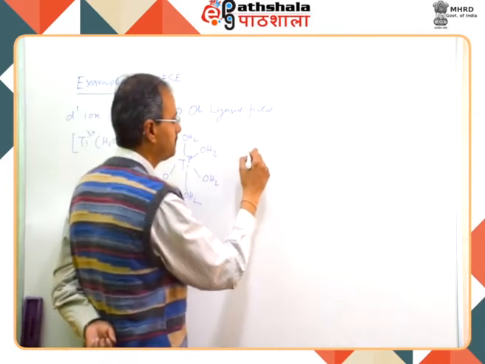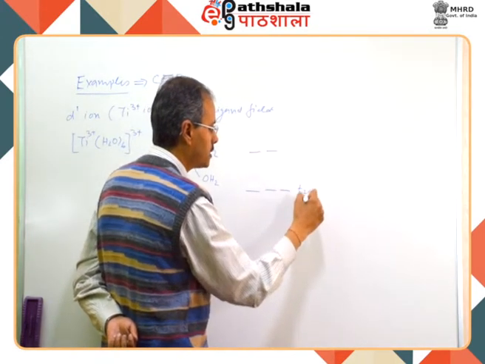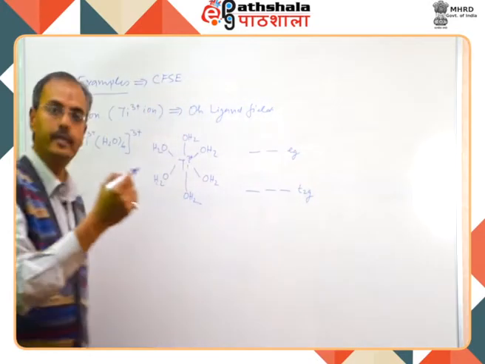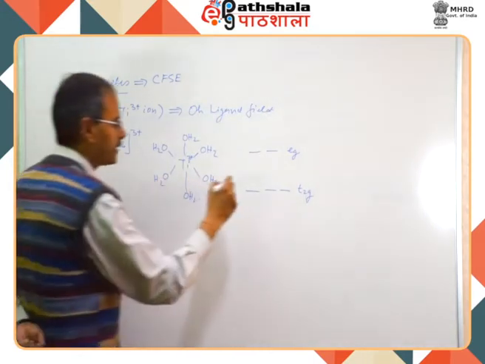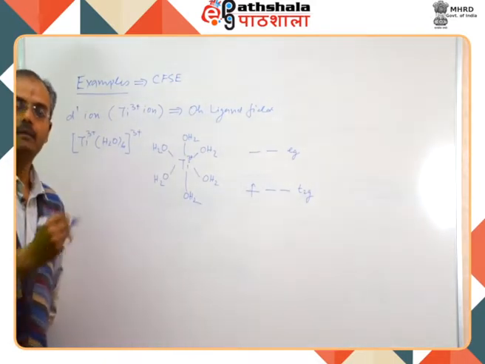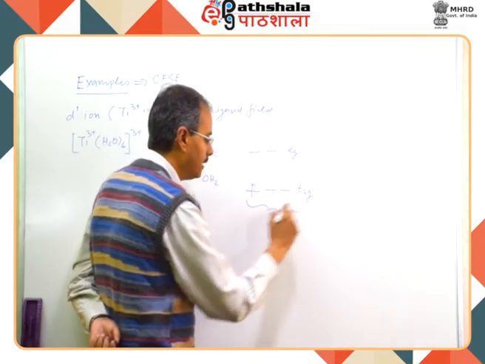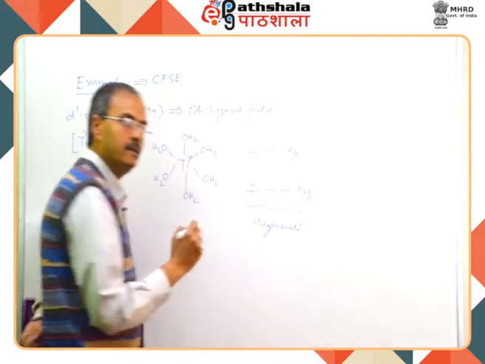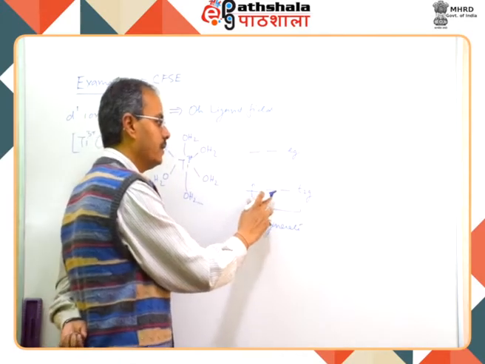For this one, again we will have distribution of orbitals and subsequently distribution of electrons in T2G versus EG set of orbitals. As we have only D1 electronic configuration, the one electron will occupy one of the orbitals in the T2G set. Remember, all these 3 orbitals are degenerate, so it does not matter whether the electron goes to the first one, the second one, or the third one.